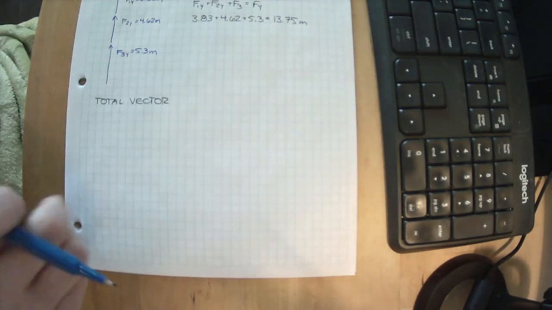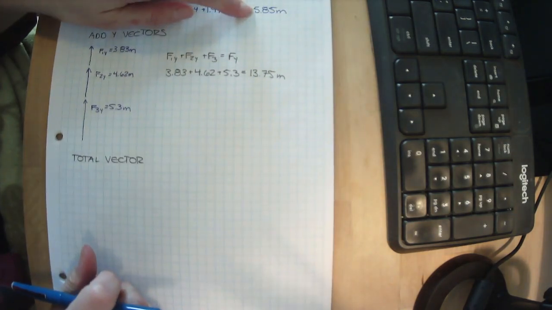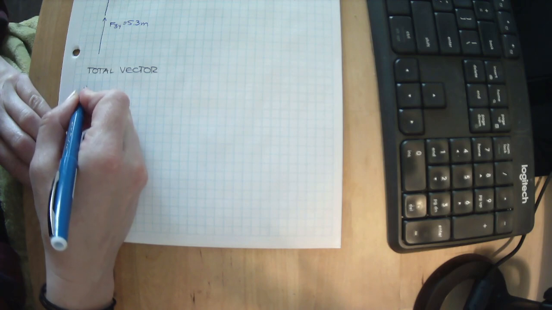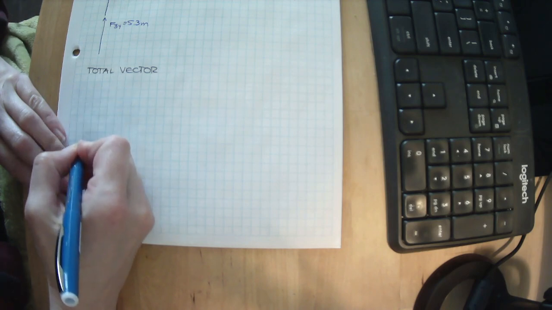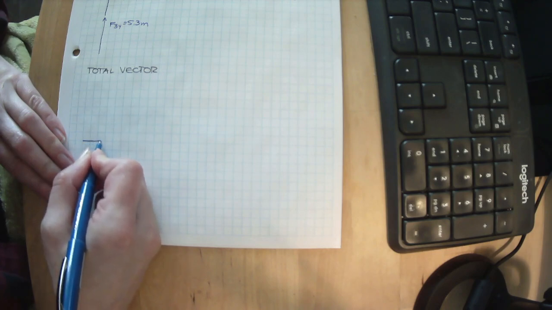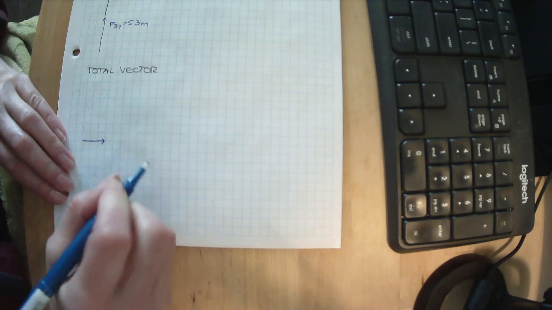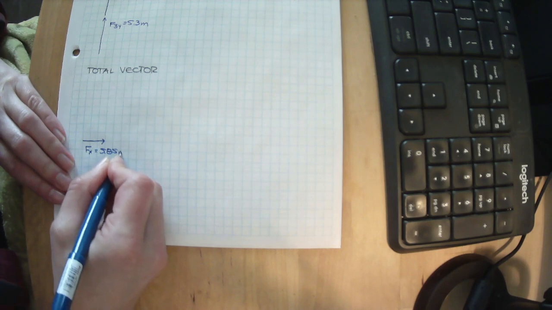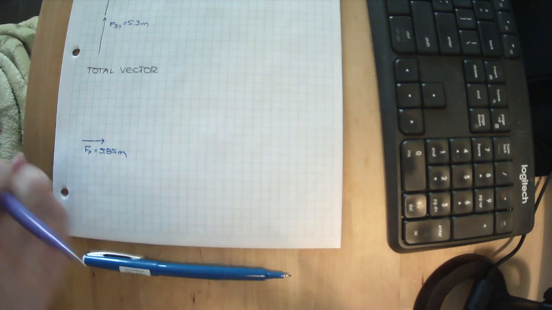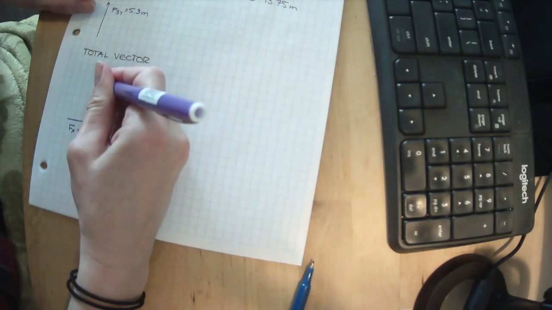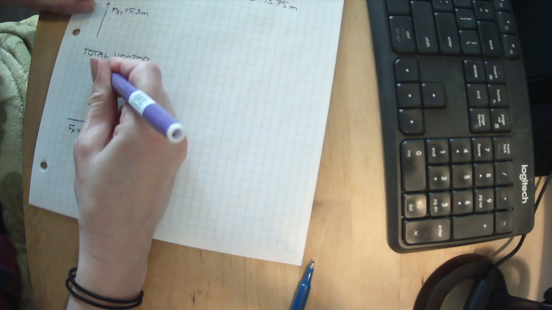So we have a vector in the x direction that is 5.85, 2, 4, so almost 6 meters. So this is Fx equals 5.85 meters. And we have our Fy, 2, 4, 6, 8, 10, 12, almost 14.